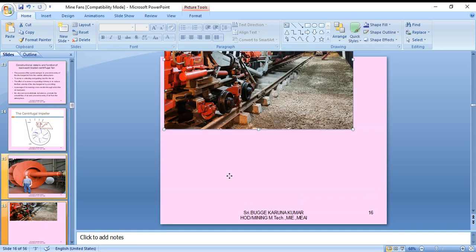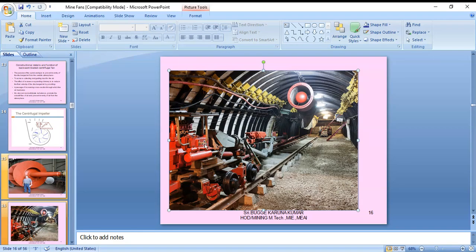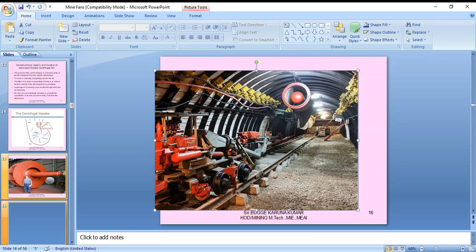And this is the original mine entry level. There is a booster fan, axial flow fan, you can say, air screw fan.